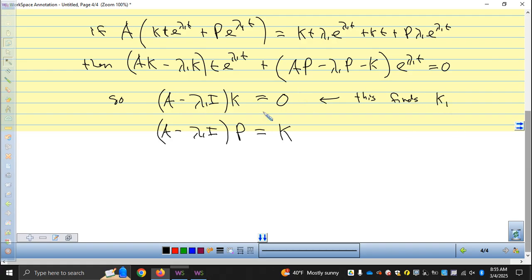That's the equation we've been solving that we talked about first yesterday, to find k1. Once we find k1, we can substitute here, use this equation, because k1 is going to be known. We can use this equation to solve for p. So we can find our one eigenvector with this equation, and substitute it here to find this vector p.